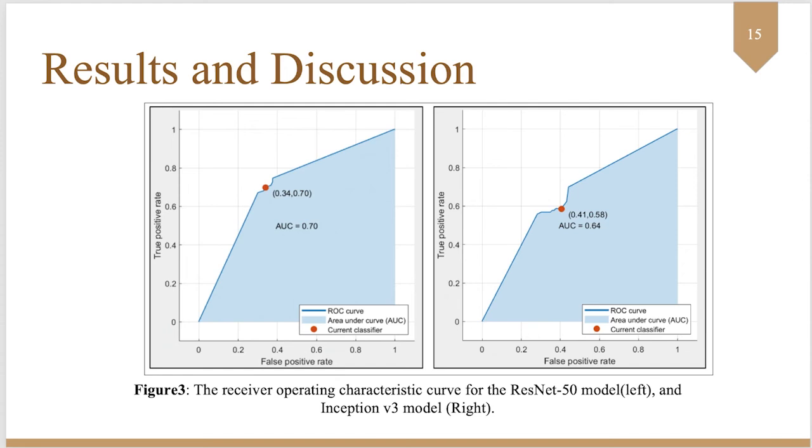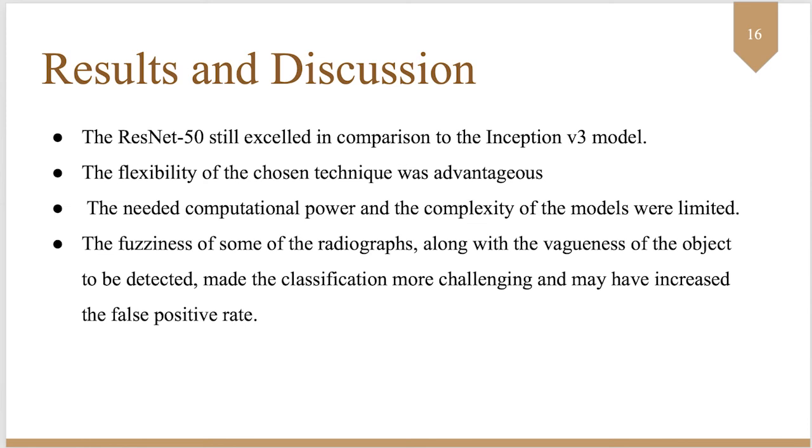The ResNet 50, as a result, excelled over the Inception v3 since the false positive rate of the ResNet 50 was lower than that of the Inception v3 by 7%. So the ResNet 50 still excelled in comparison to the Inception v3 model.